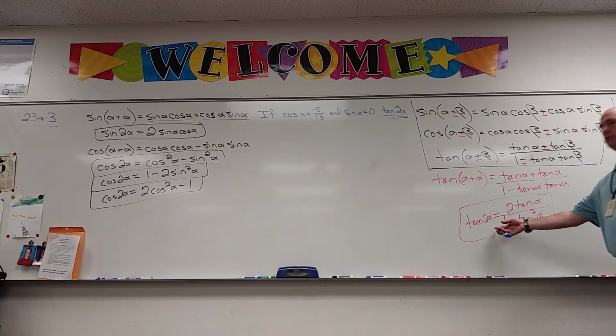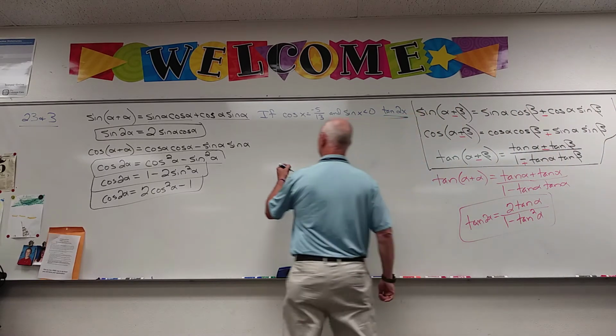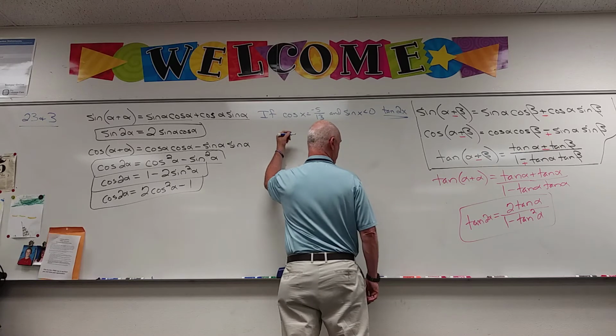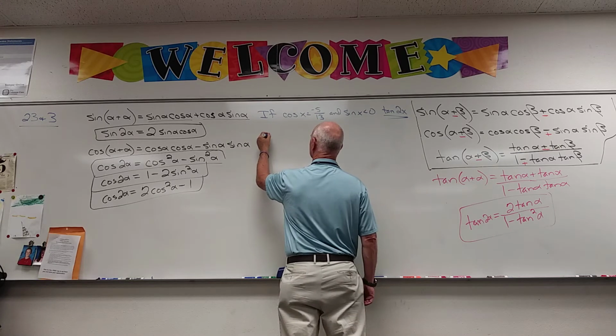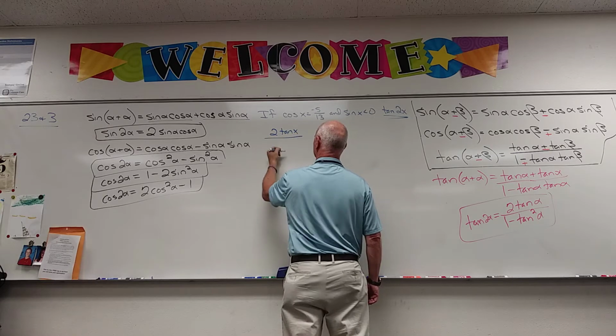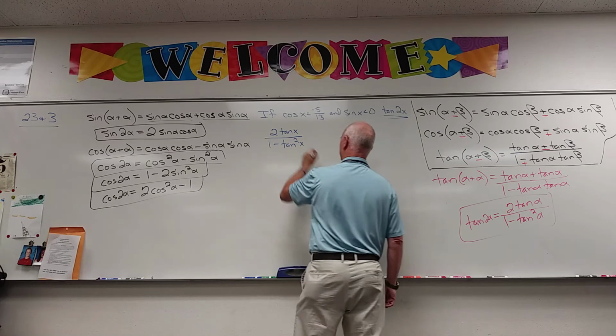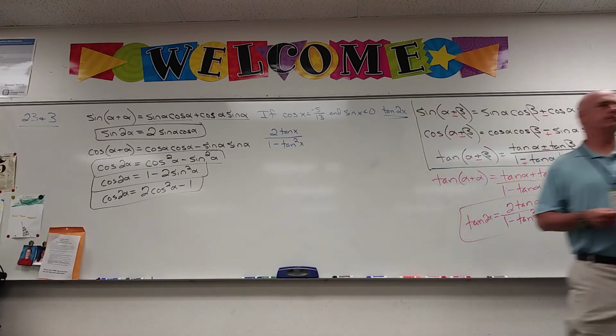Tangent of 2x or tangent of 2 alpha. It's the double angle formula. They actually told us what to look for. So what is our formula? Tan of 2x equals 2 tan of x over 1 minus tangent squared of x. Good, so we got the formula.